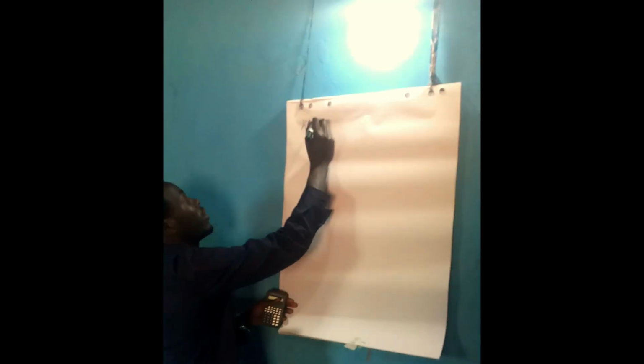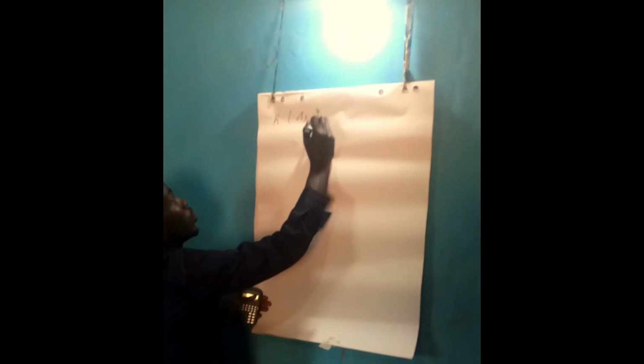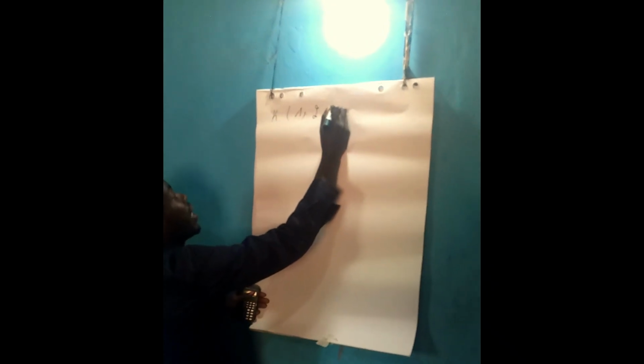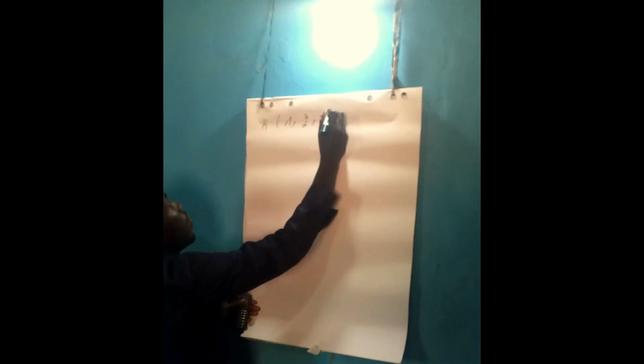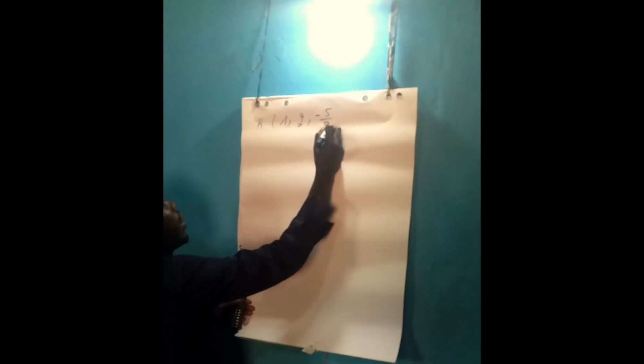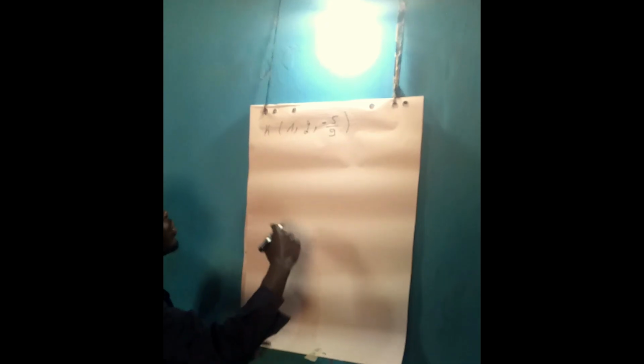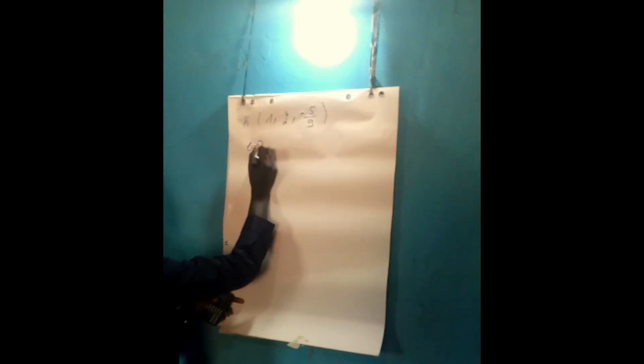Okay, the solutions are 1, 2, and minus 5 over 9. So, if you remember, we started by supposing that logarithm of x base 2 is equal to k.